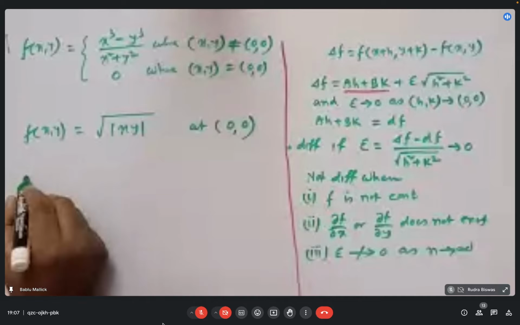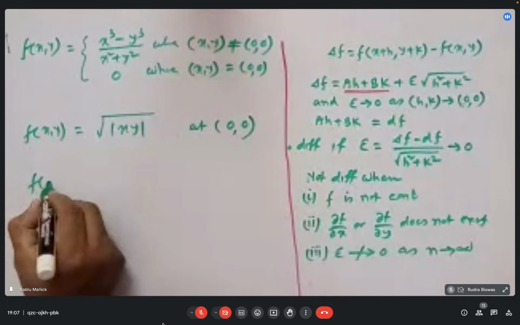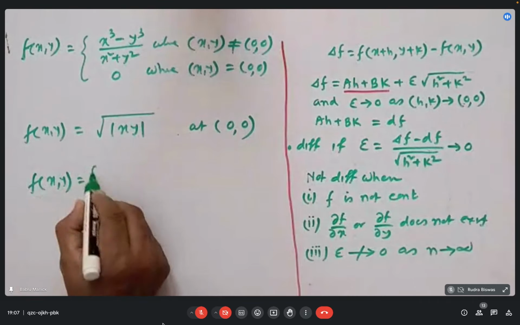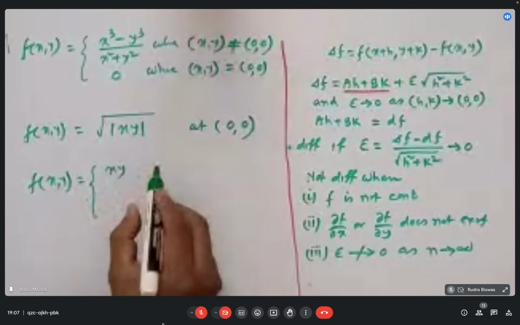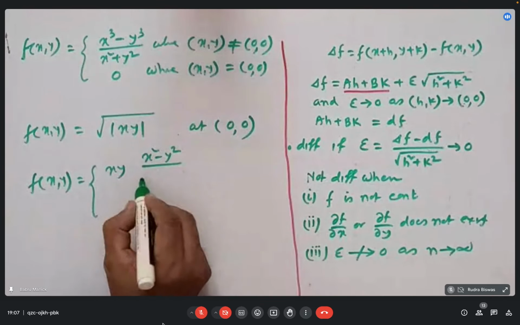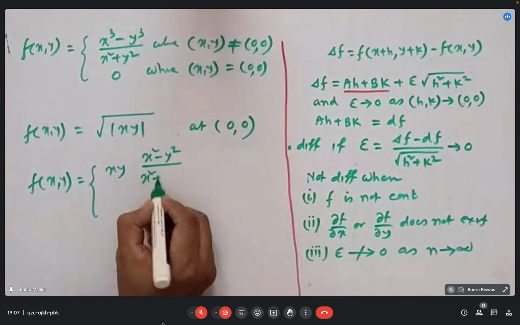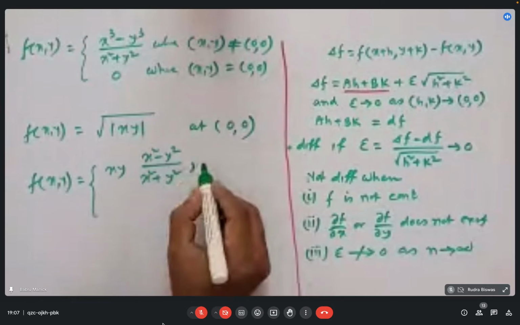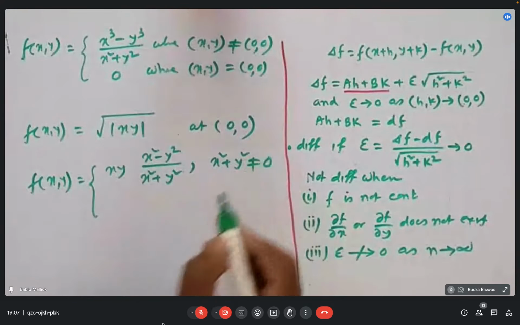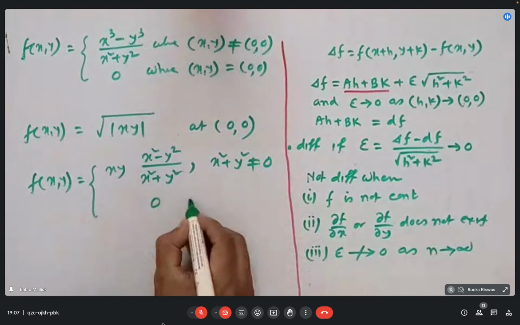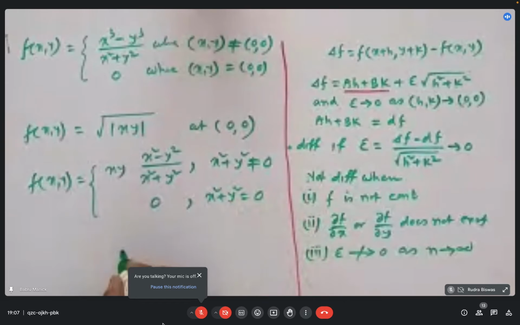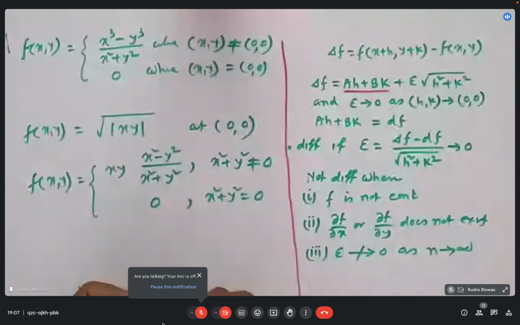And the third homework is this: f(x, y) is equal to xy times (x square minus y square) divided by x square plus y square when x square plus y square is not equal to 0 and it is 0 when x square plus y square is equal to 0.